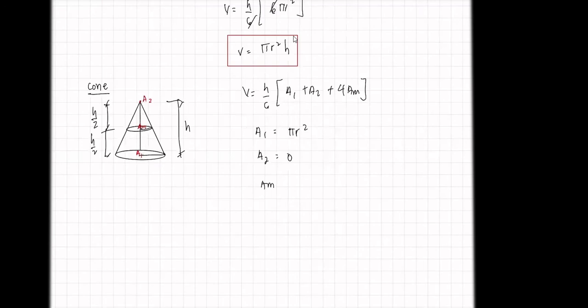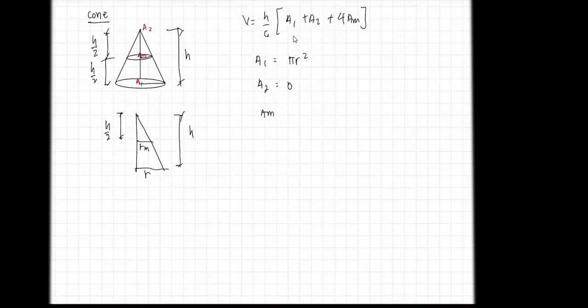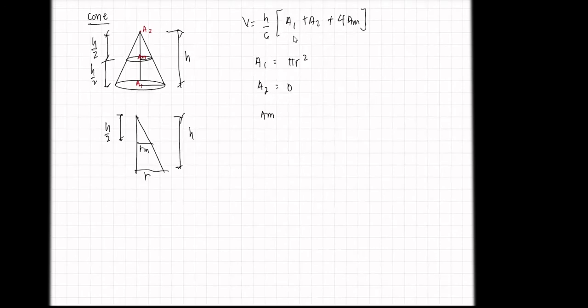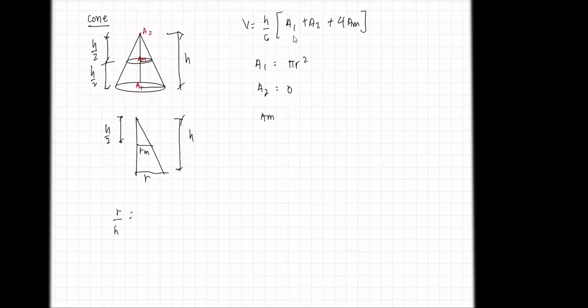Okay. So, yung triangle na yon, i-isolate ko. So, ito yung radius ng base, tapos ito yung radius ng middle. Okay? So, ito, ang distance nito is h over 2. Distance nito ay h. Okay? Pag kinuha ang ratio and proportion, r over h is equals to rm over h over 2.